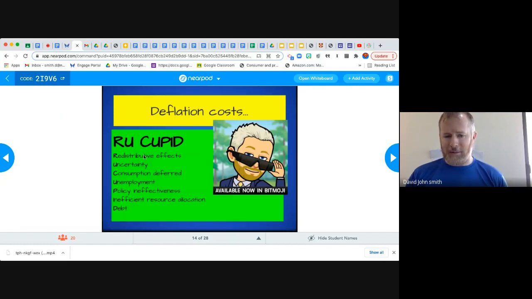Again, because of all of this, you're going to see an inefficient resource allocation, and the levels of debt, you might assume, again, it's all part of the theory, should then start to increase as well. So RUCupid is a good mnemonic for remembering those deflationary costs.